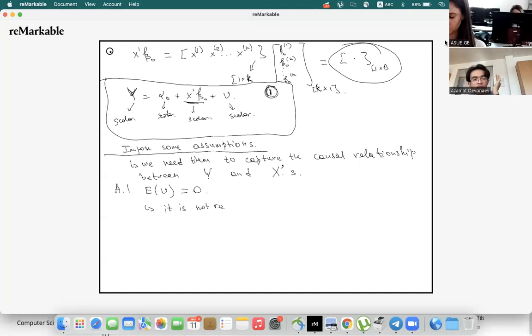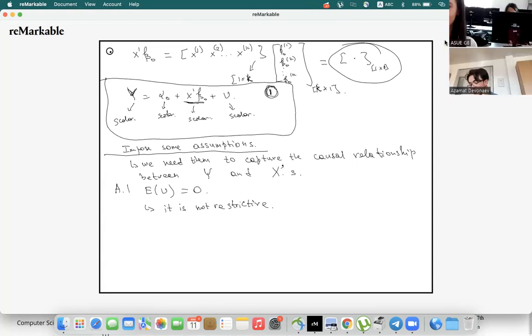Does anyone know why the expectation of the model error being 0 is not a bad assumption? Remember some probability.